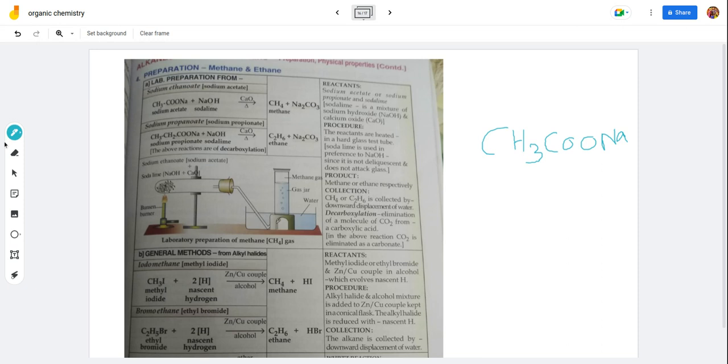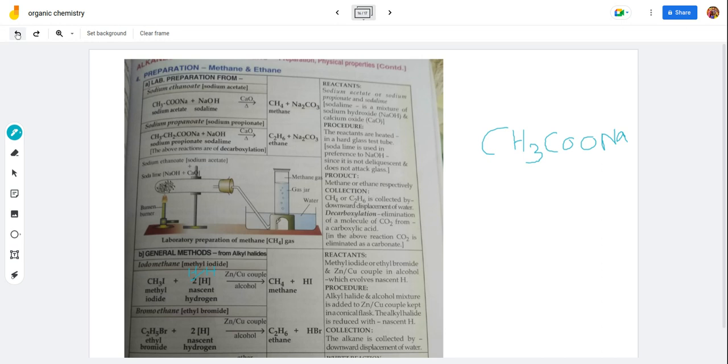See here, it is 2H. That means one H will be there and another H will be there. It will be converted into CH3. This hydrogen will combine with this CH3 to form CH4. The remaining HI will be removed.